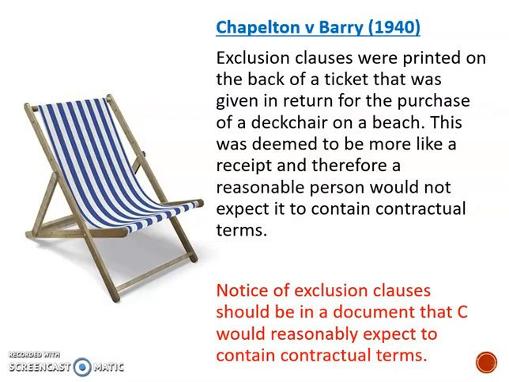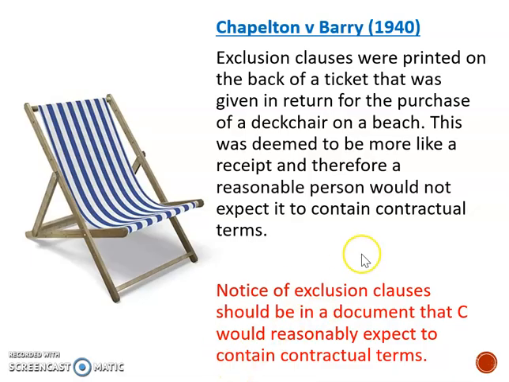And this ticket had a clause on the back, but it was deemed that this ticket was more like a receipt, and a person wouldn't expect it to contain contractual terms. And the principle from this case is that notice of exclusion clauses should be in a document that the claimant would reasonably expect to contain contractual terms.